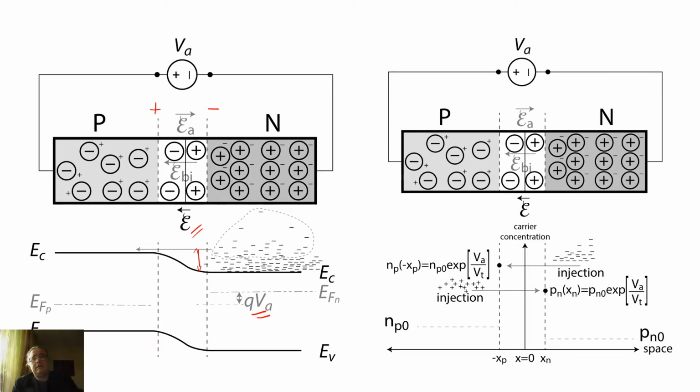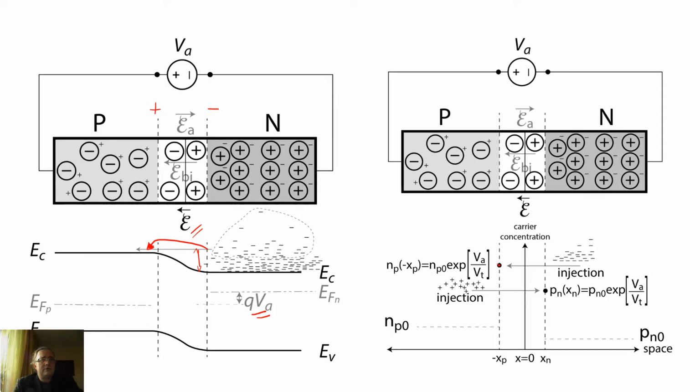This means that now many more electrons will have the needed energy to overcome the potential barrier and eventually diffuse to the other side. Here in this picture the carrier concentration is given. Here we have the electrons which have sufficient energy to diffuse to the other side, and they appear at this side.